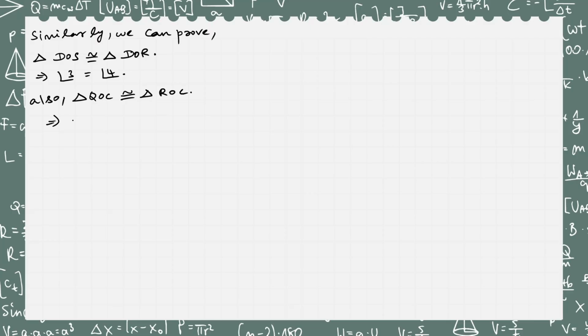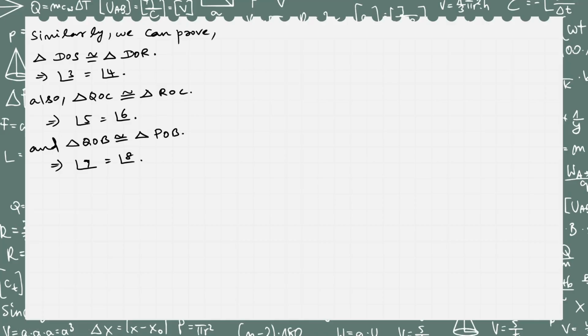So that will imply angle 5 and angle 6 both are equal. And lastly, triangle QOB is congruent to triangle POB. That implies angle 7 is equal to angle 8.